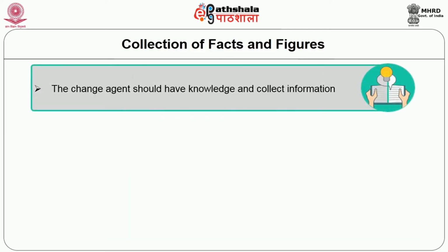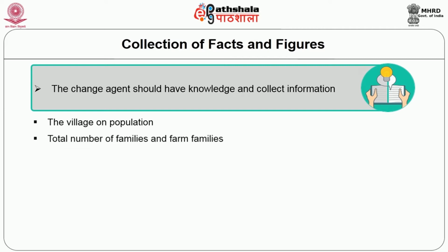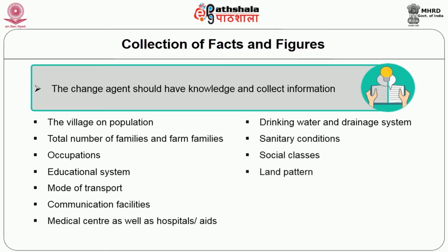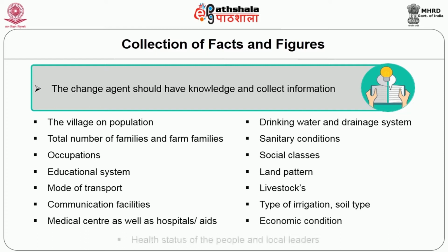In general, the change agent should have the knowledge and collect information about the village on population, total number of families and form of families, main occupation, educational system, mode of transport, communication facilities, medical center as well as hospital, aids, drinking water and drainage system and sanitary conditions, social classes, land pattern, livestock, type of irrigation, soil type, economic condition, and health status of the people and local leaders.